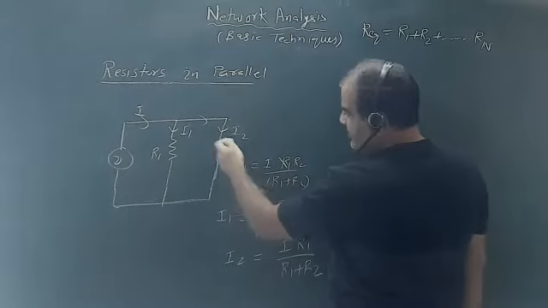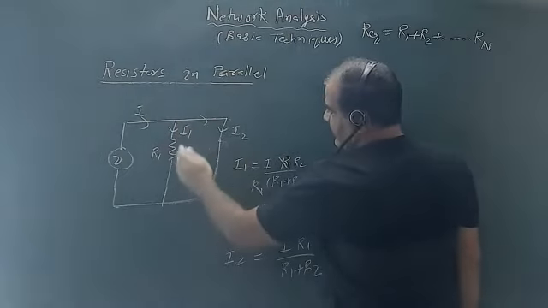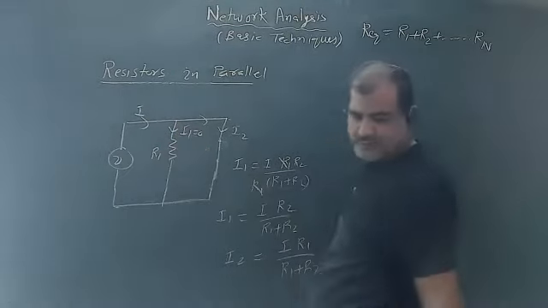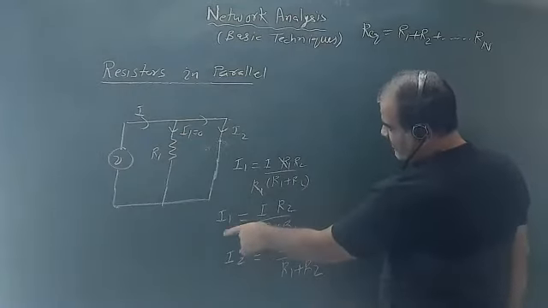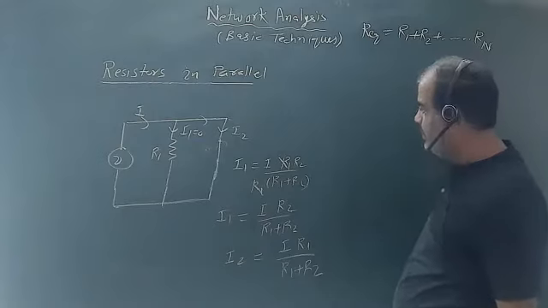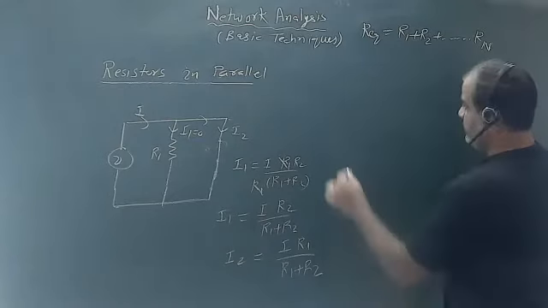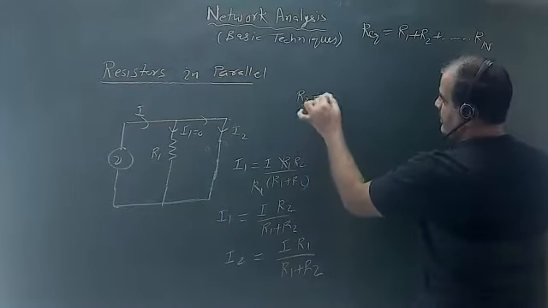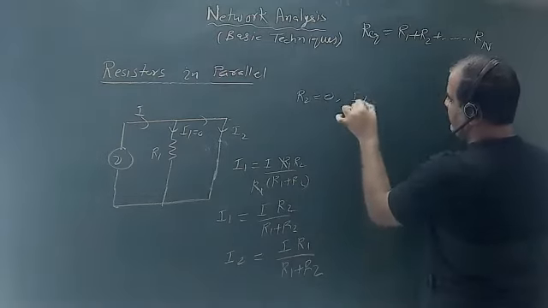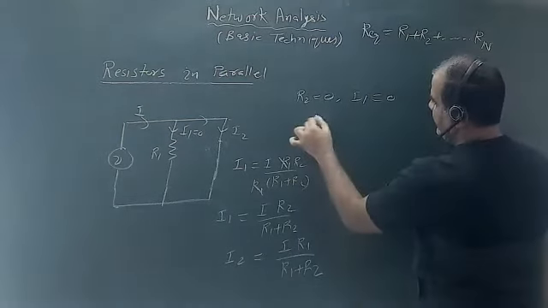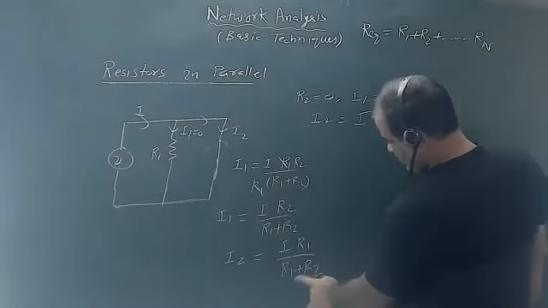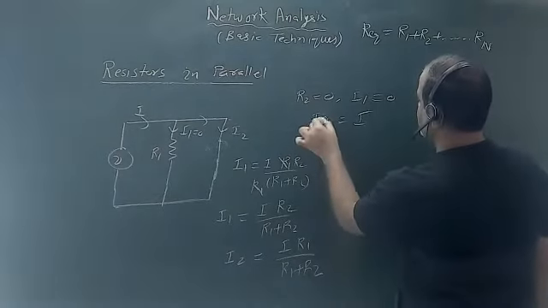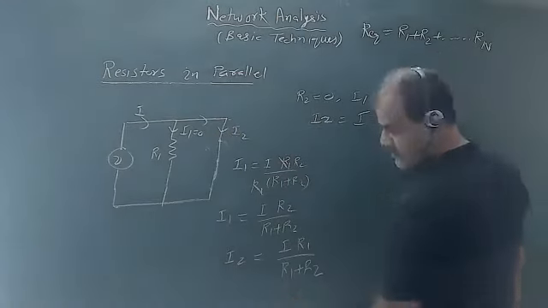Because here is no resistance, full current will come here, and I1 will be 0. So if R2 is 0, your I1 becomes 0 and your I2 becomes I. Whole current will pass through the second resistance.